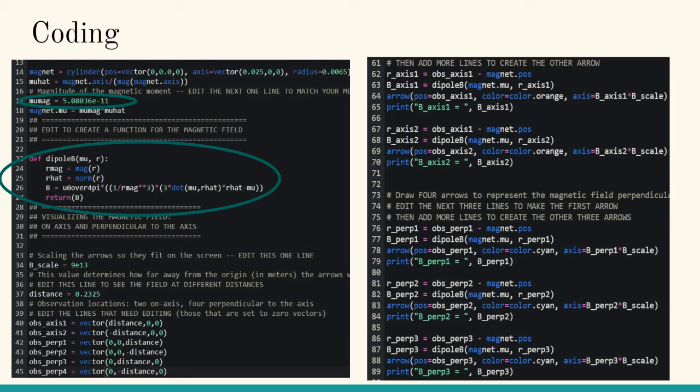So after defining that function, I define observation locations to easily find the r-axis and r vectors in order to easily use the dipole B equation to find the B fields, and then creating arrows off of that.